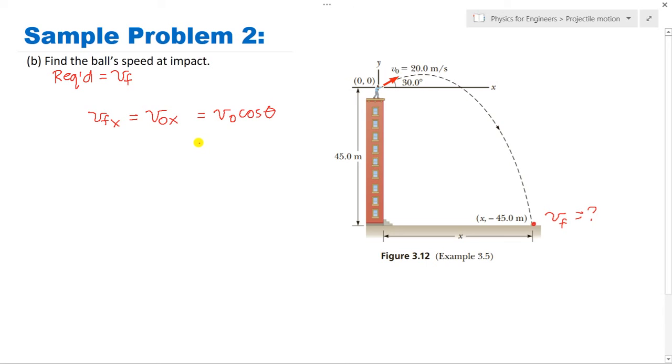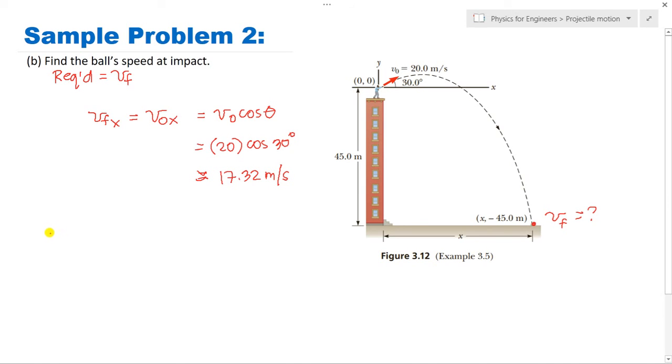Let's substitute. V naught is 20 meters per second multiplied by cosine of 30 degrees. This is 20 times cosine of 30, equal to 10 square root of 3, or approximately 17.32 meters per second.